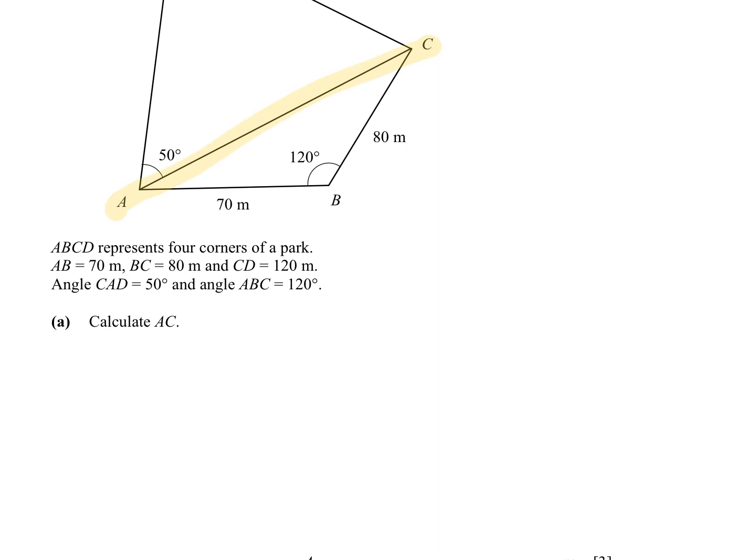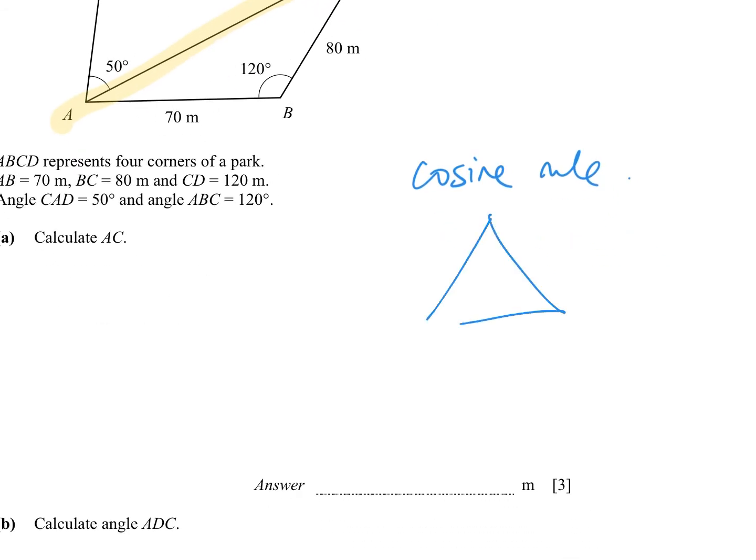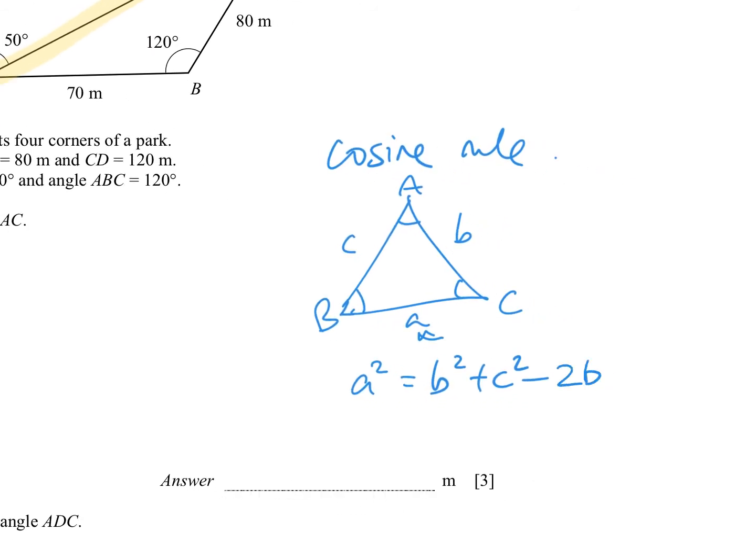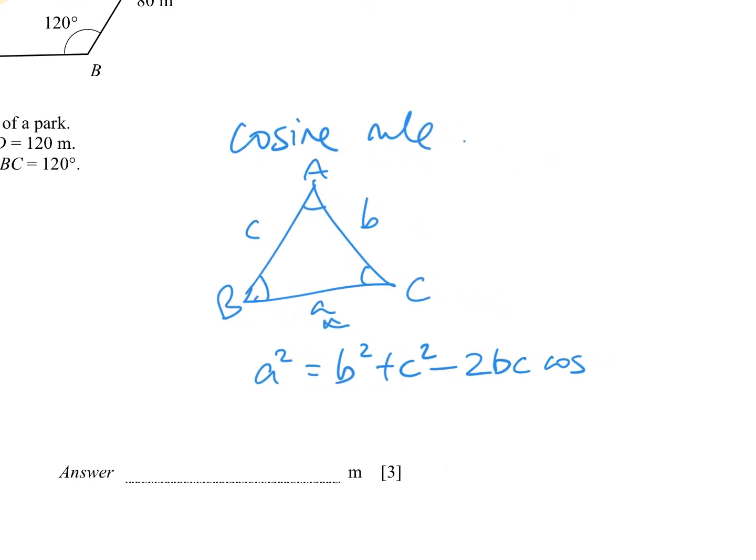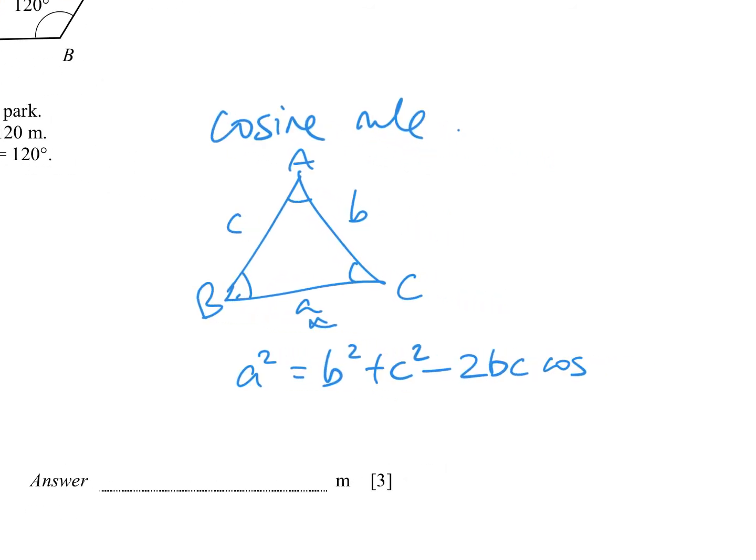What is the cosine rule? Let me just write it here quickly. The cosine rule tells us that for a triangle ABC with the sides like this, a squared, where a is a length, equals b squared plus c squared minus 2 times b times c times the cosine of the angle in between, and let's call this cosine BAC.